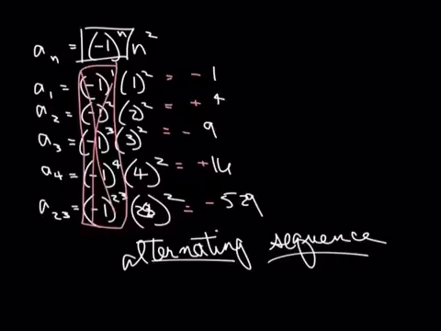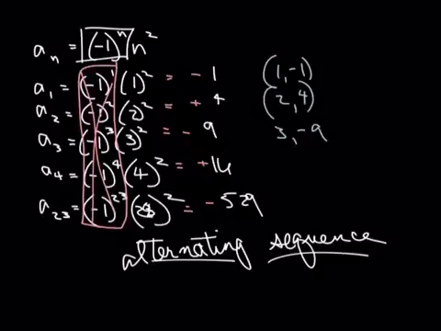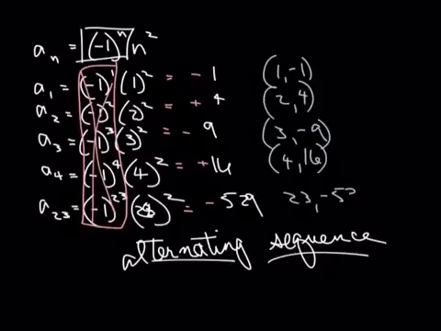And one of the things I want you to notice: if you were to graph this, your x value would be 1, 2, 3, 4, and 23, and your y value would be what you get out of the function machine. So if you were going to graph this, we'd get (1, -1), (2, 4), (3, -9), (4, 16), and (23, -529).